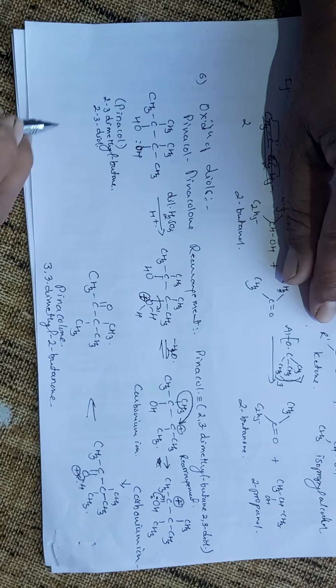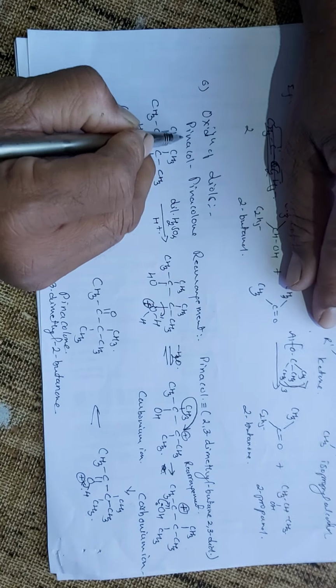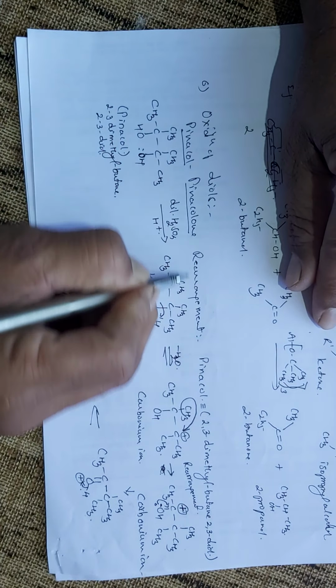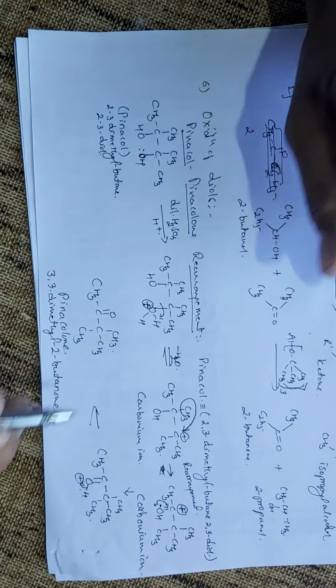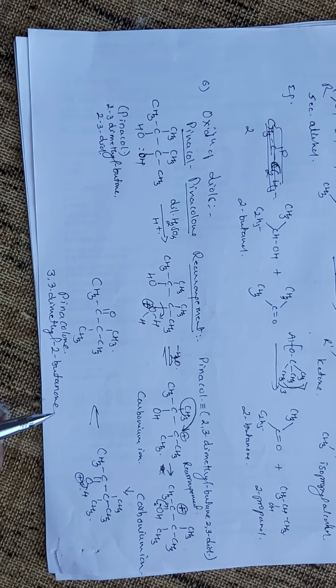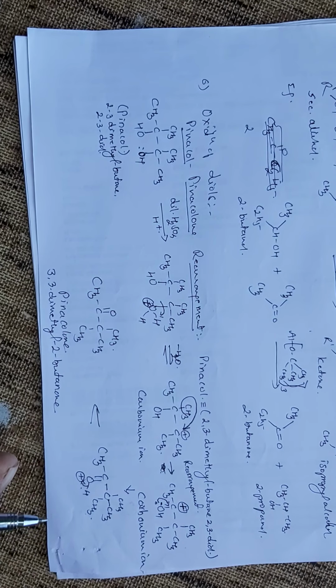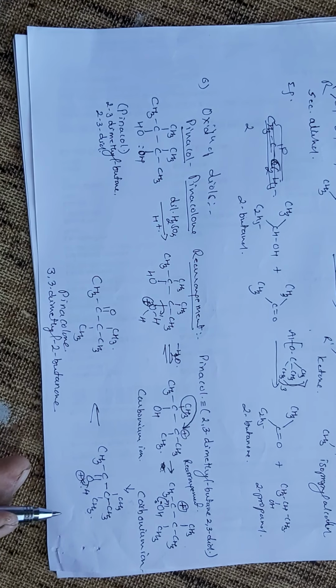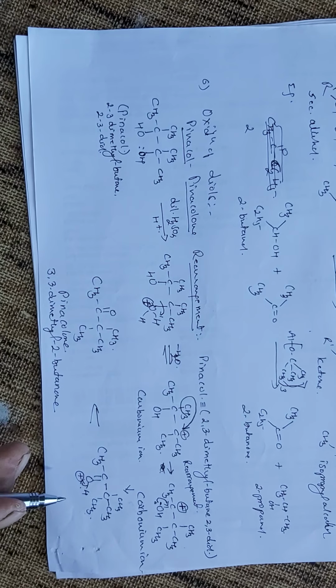And so this overall reaction is termed the pinacol-pinacolone rearrangement, meaning the rearrangement from pinacol to pinacolone takes place in the presence of a simple dilute H2SO4 acid, and so this is nothing but the dehydration of the diols.